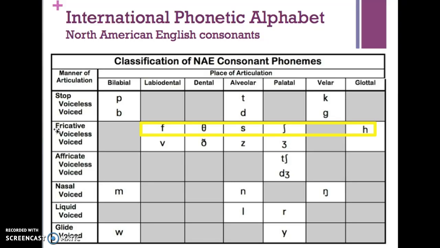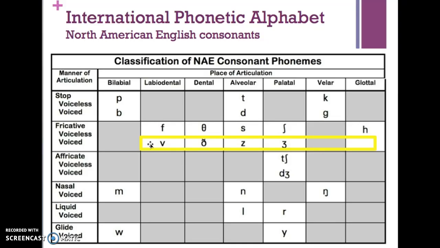So place your hand over your throat and make a sound, as in fish. And you'll notice there are no vibration sensations on your hand. On the other hand, if you make a v sound, as in voice, you'll notice there's a vibration coming from your throat, and these are your vocal cords vibrating.